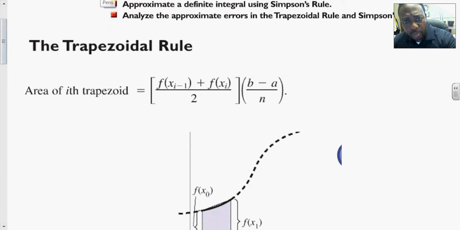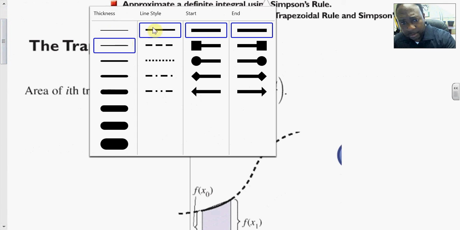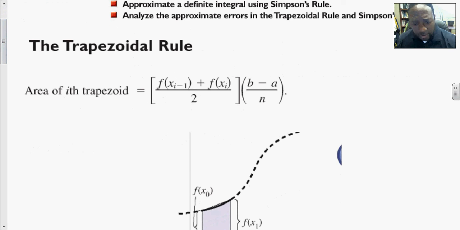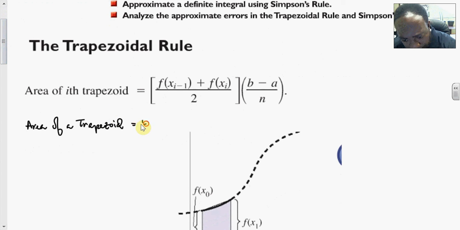Now you recall that the area for a trapezoid is given as 1/2 times the base, then times the height of the two edges of the so-called trapezoid.